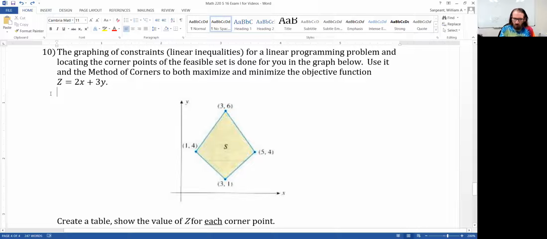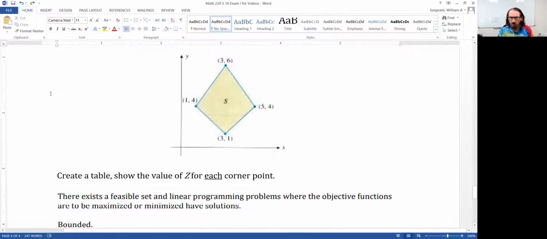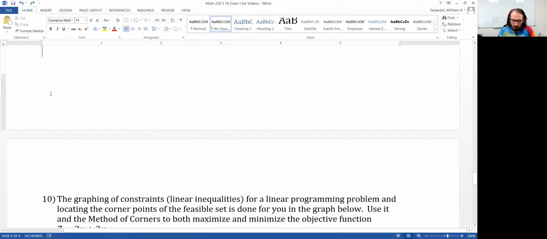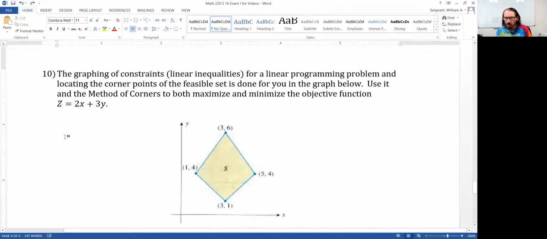And we just saw not too long ago that in a bounded region, there's both a minimum and a maximum for the objective function. So we are asked for the objective function z equals 2x plus 3y to both maximize and minimize the objective function.